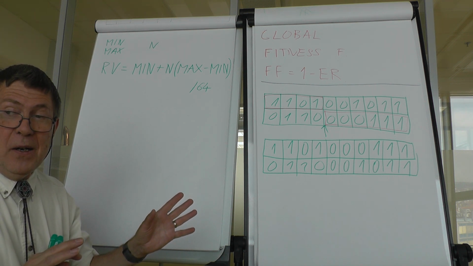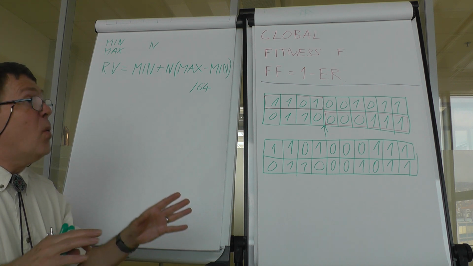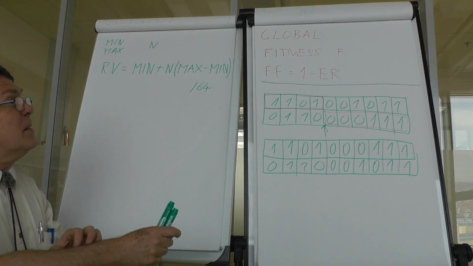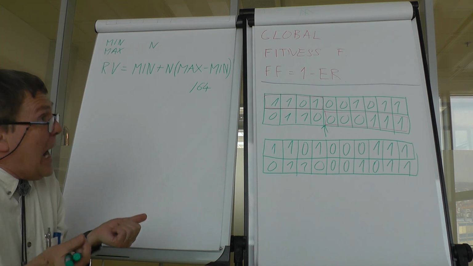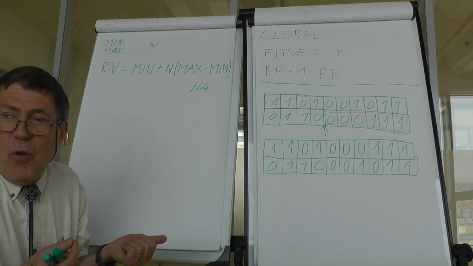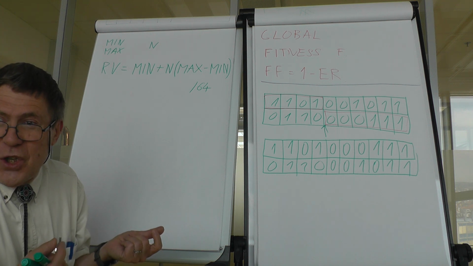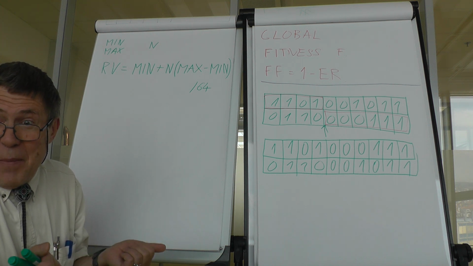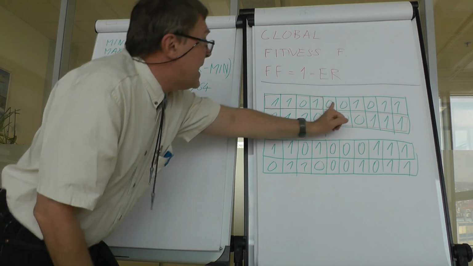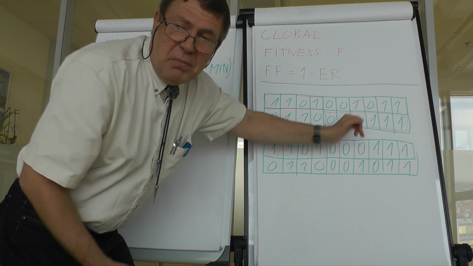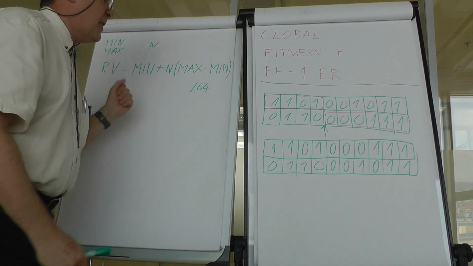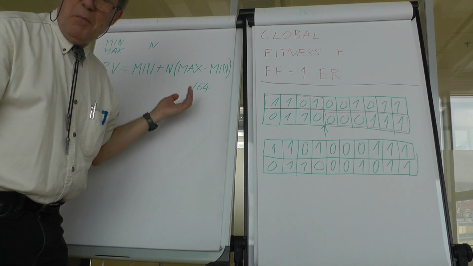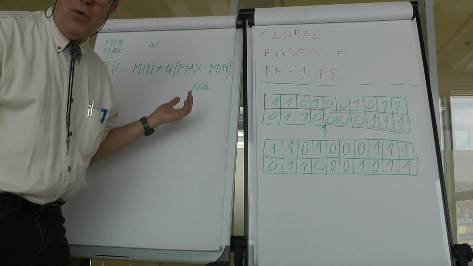Once we do that, we change the coding. One of the possibilities is, okay, let us increase the number of bits for each variable. So instead of taking 6 bits, we will take 16 bits with 65,000 possible values for each variable.